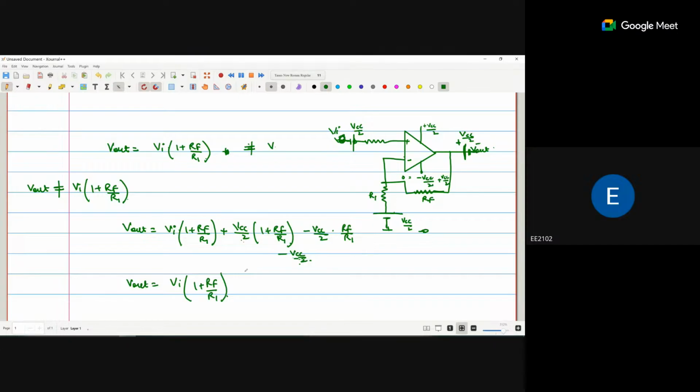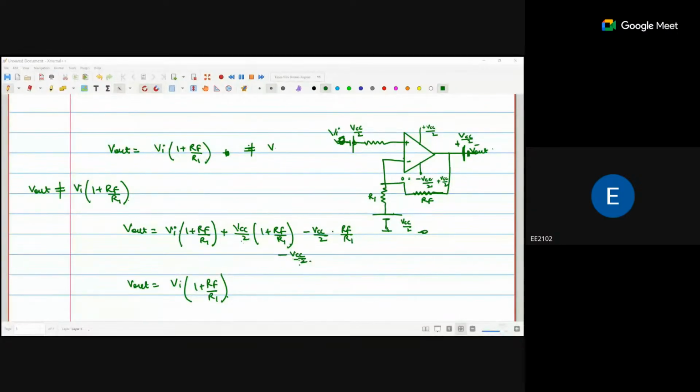Now if we go to question number 3, it says that if we change, suppose all grounds have a 1 millivolt error. Every ground, either positive or negative, so everywhere we add a 1 millivolt at ground.